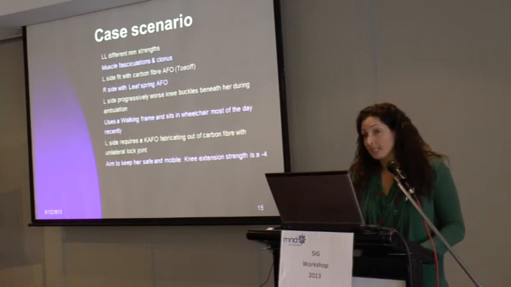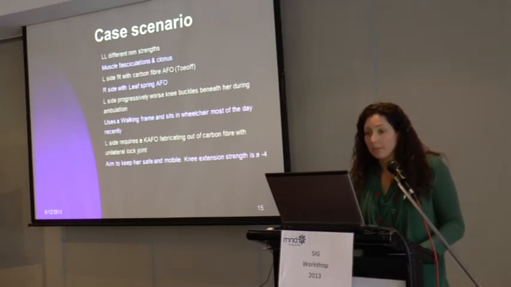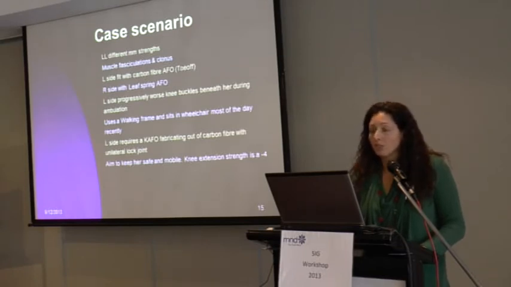Strangely enough, she does have very strong knee extension strength, about 4 negative, but even though it's quite strong when she's sitting, after a while she fatigues and her knee buckles, so that's why I've got to keep her safe. Lately she's gone into her wheelchair and relies on that more because she feels unsafe, but hopefully when I finish my KAFO, she can wear that and be confident to walk again.